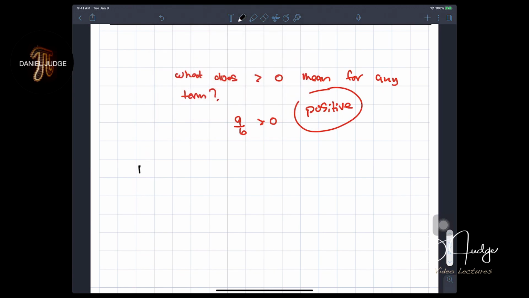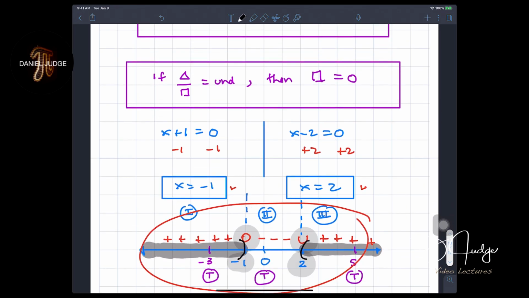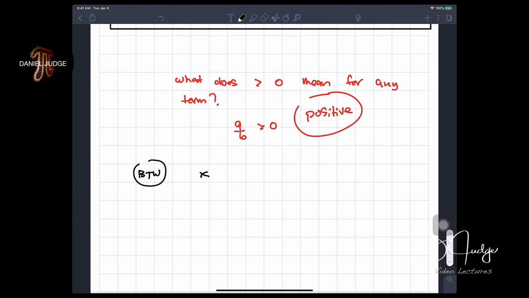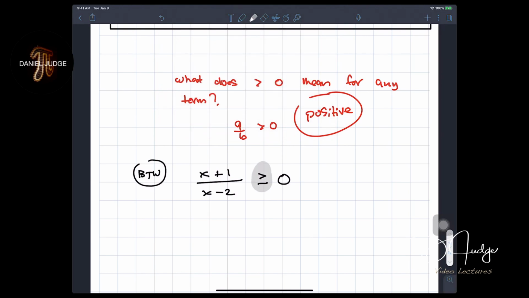If they gave you that same problem, x plus 1 over x minus 2, but now they want to solve and graph. You already solved it. All the sign analysis is done. But notice the difference. The difference is the inequality is greater than or equal.